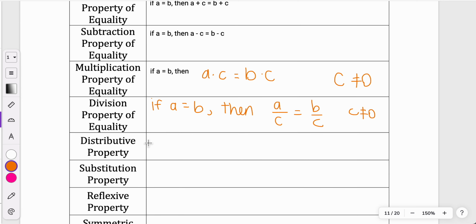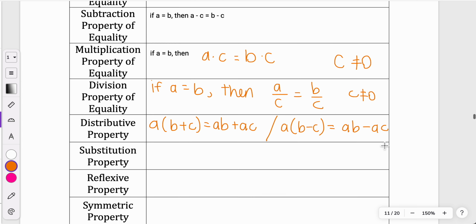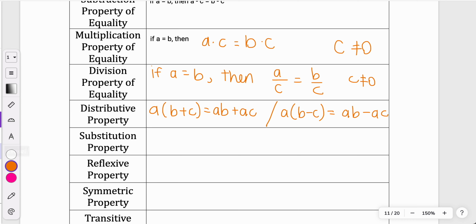The distributive property just states if I have A parentheses B plus C, then that is equal to A times B plus A times C. You can also have the difference of that, so A parentheses B minus C can be equivalent to A times B minus A times C. For substitution property, I'm going to go back to typing here because we got some words.